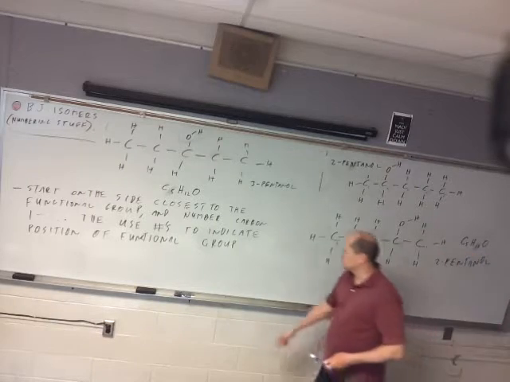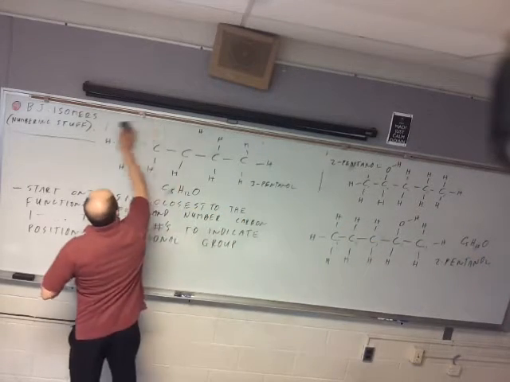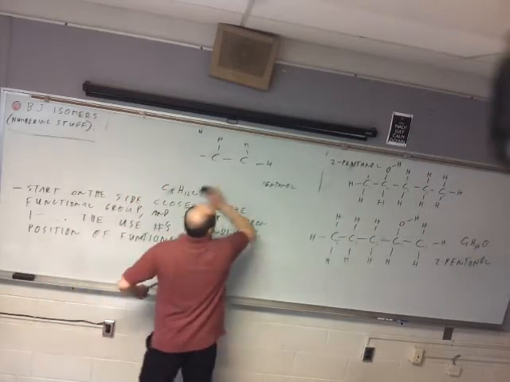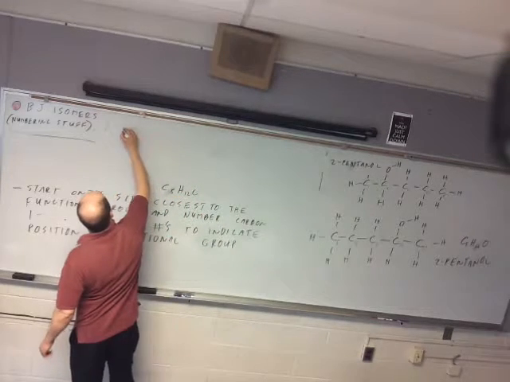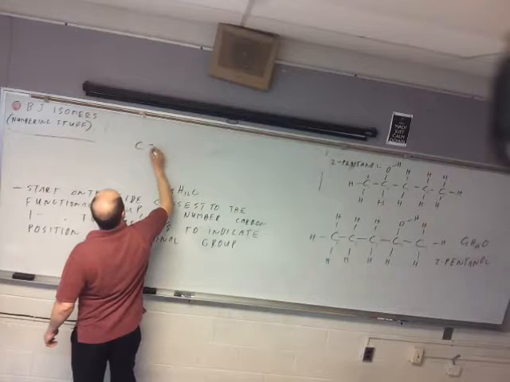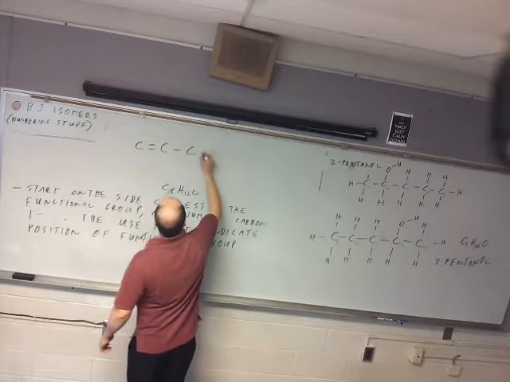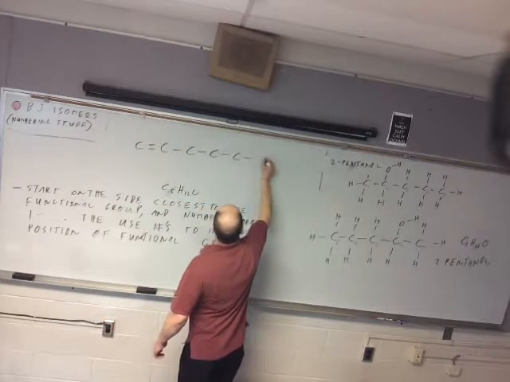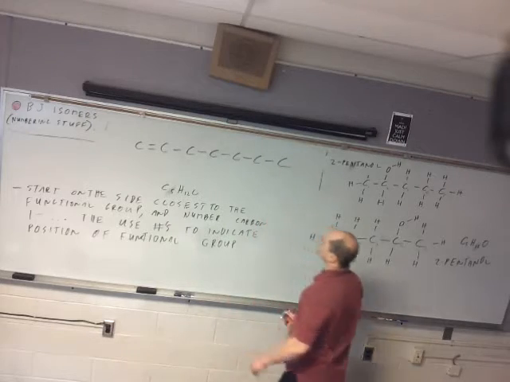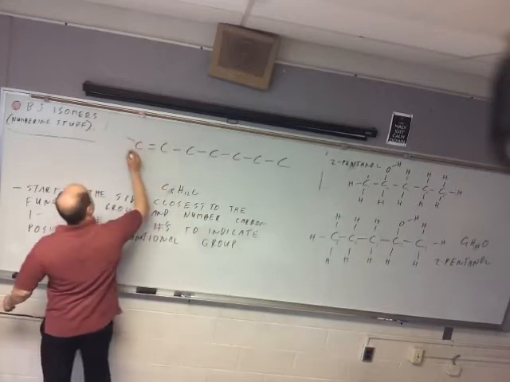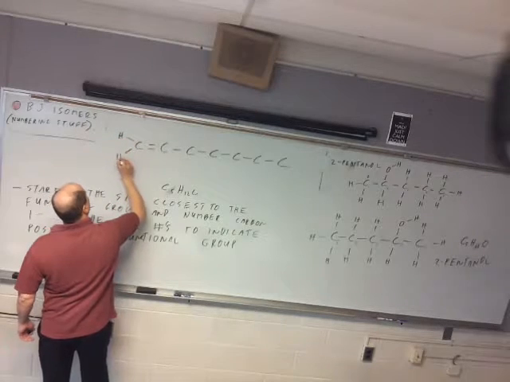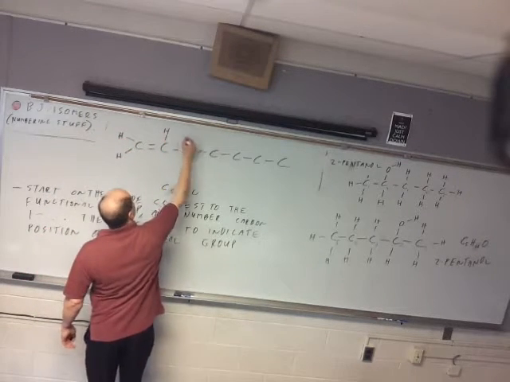All right, let's go ahead and do one of those. Let's say we had that. Okay. We'll fill in the rest of it. 2 hydrogens on this one, 1 hydrogen on this one.